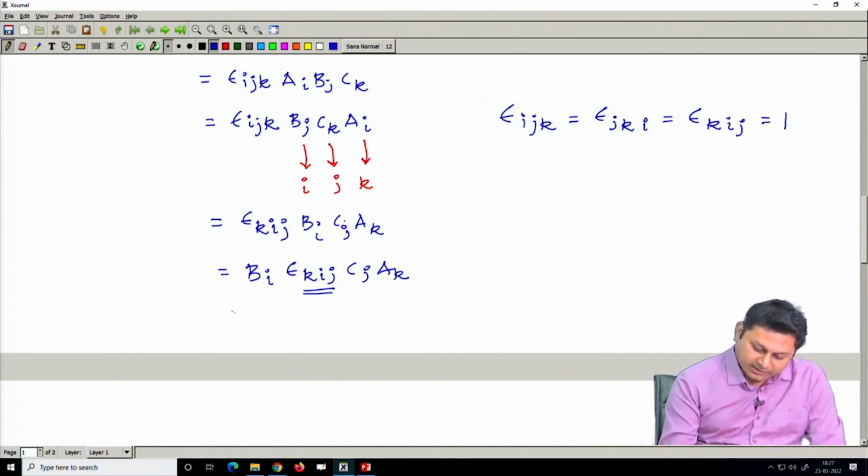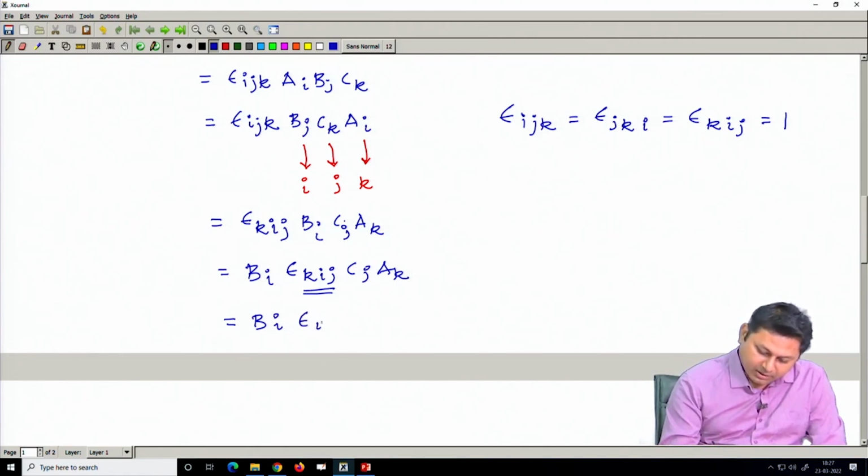So, that means I can write this as b_i epsilon_kij, and I just replaced epsilon_ijk, because both the things are 1, and then c_j, then sorry, here it is a multiplication, c_j a_k.